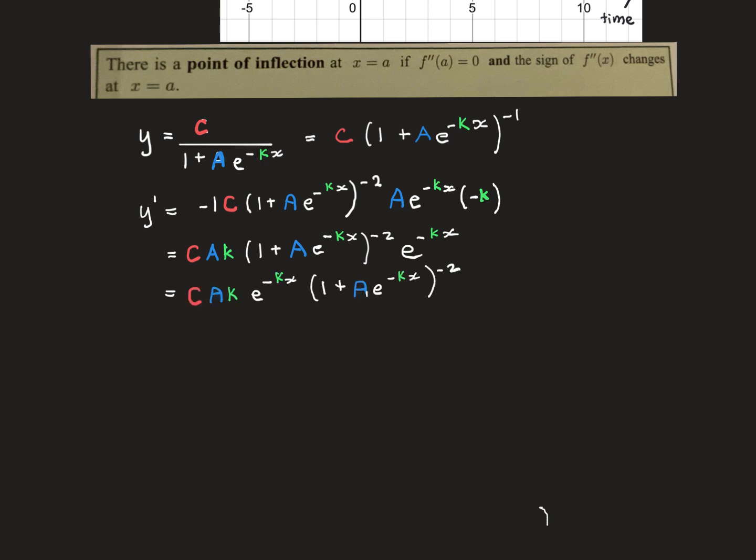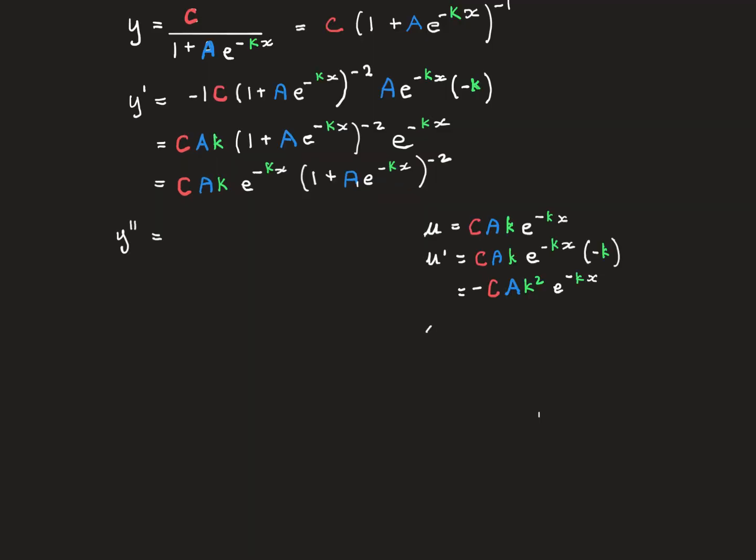Can you see, if I wanted to differentiate it, I'm going to use the product rule here. So that u dash will be equal to minus CAk squared e to the minus kx, and v is going to equal this part, and v dash is going to be minus 2, and I still need to differentiate e, so there'll be a k over here.